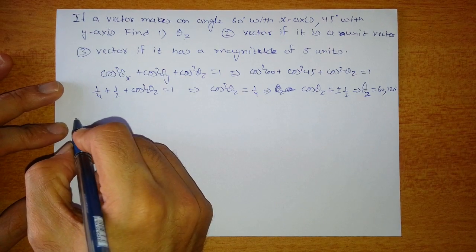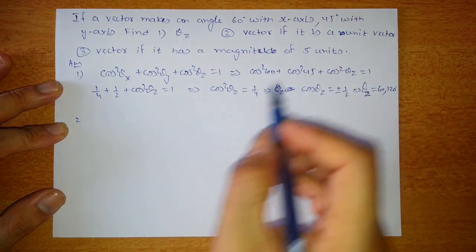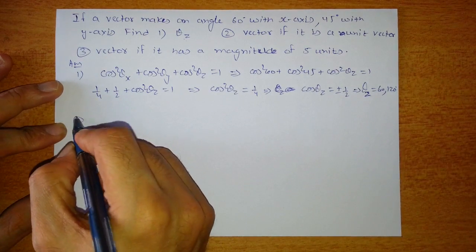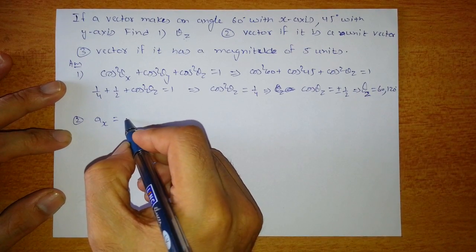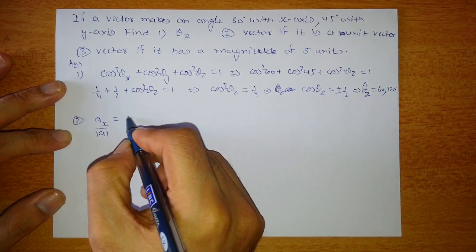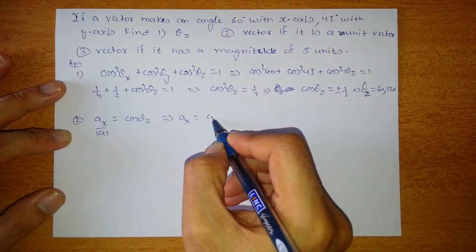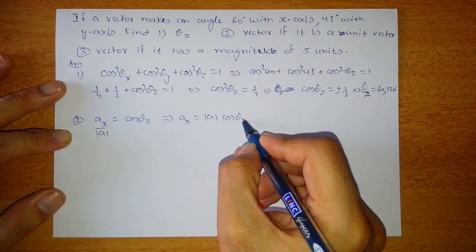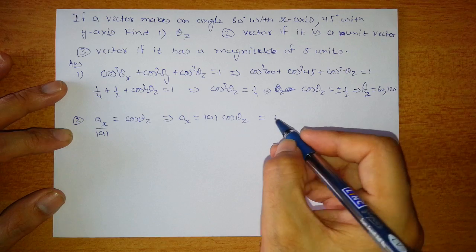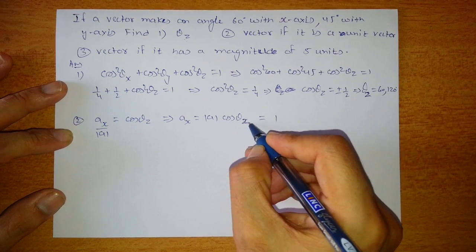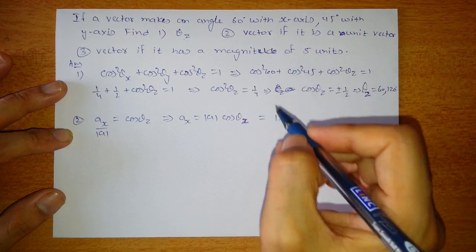The second part of the question asks what the vector is if it is a unit vector. As we already know, ax by magnitude of a is cos theta x, so ax is magnitude of a into cos theta x. In this case the magnitude of a is 1, as it is a unit vector, and cos theta x is half, cos 60.